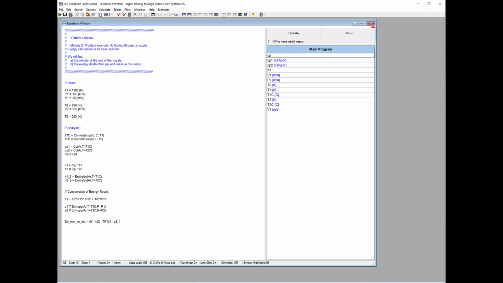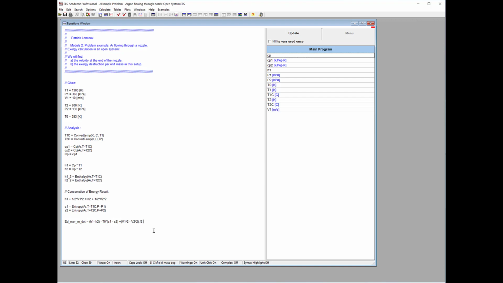Here's my S1, S2 that EES should find for me, plus V1 all squared minus V2 all squared, all that divided by 2 or multiplied by 1/2.